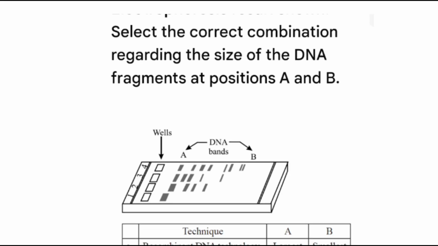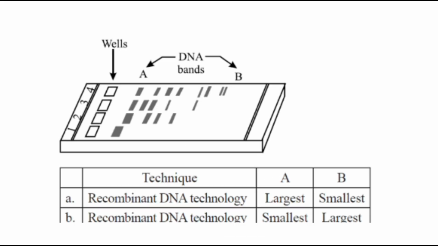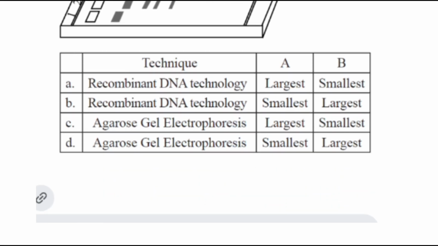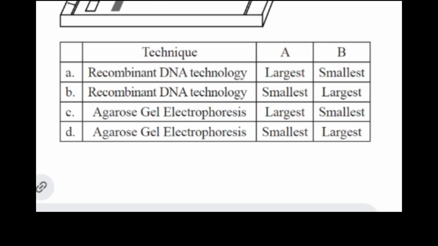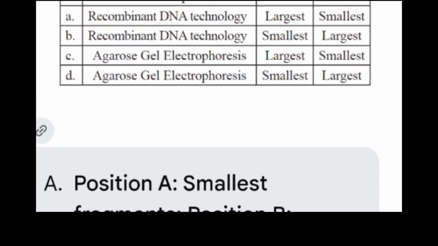So the technique is recombinant DNA technology and agarose gel electrophoresis. Options A and B show the technique, and here we have to tell which one is large and which one is smaller. Now here we know that the position A shows larger, and position B shows the small fragment.